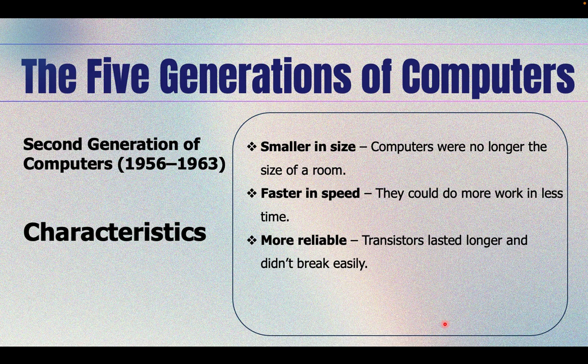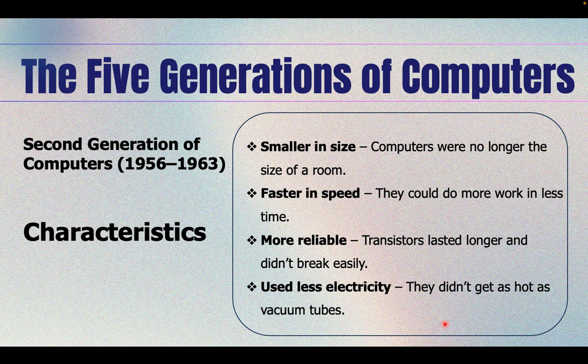And as compared with the first generation, it is more reliable, and the transistors lasted longer than the vacuum tubes, which break easily. They also use less electricity as compared with the first generation.